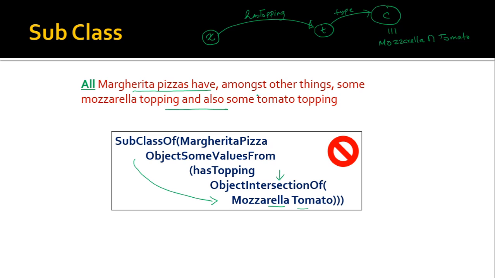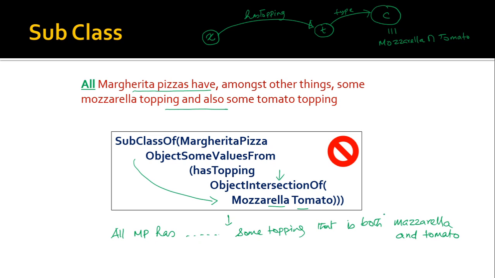Here we have not really mentioned that it has some topping that is a tomato as well as a mozzarella, right? So this would be representing something like: all margarita pizzas have, among other things, some topping that is both mozzarella and, say, tomato.